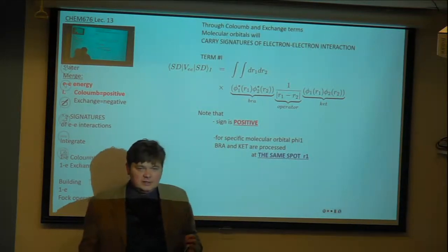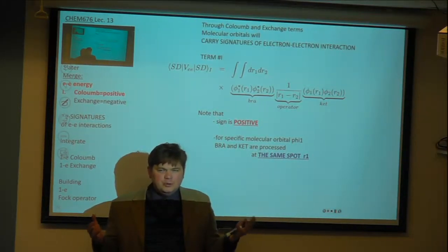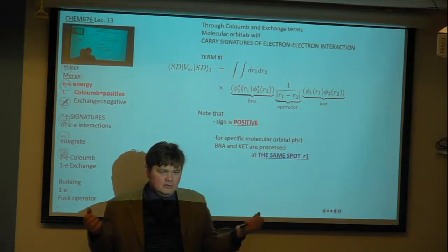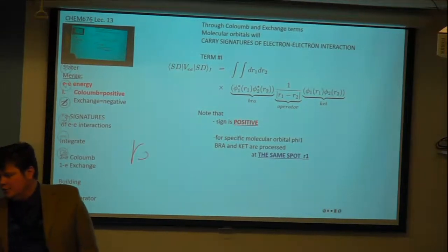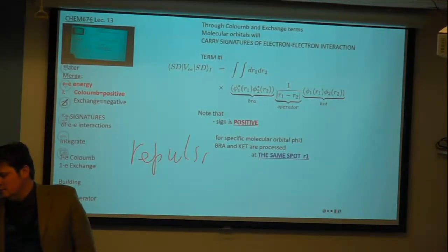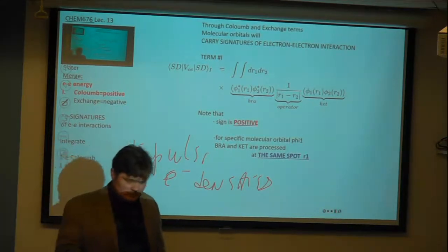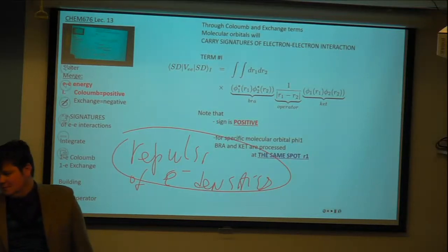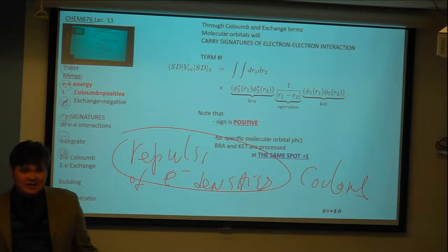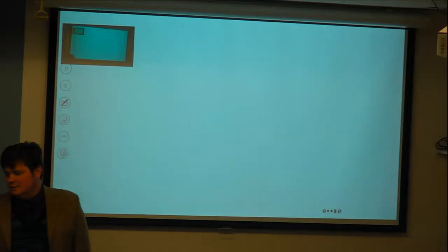So this is the canonical, standard, intuitively clear repulsion of electron densities. And if you are lazy and want to give just one word, we will call it Coulomb, because it agrees with our intuitive expectations of Coulomb interaction.